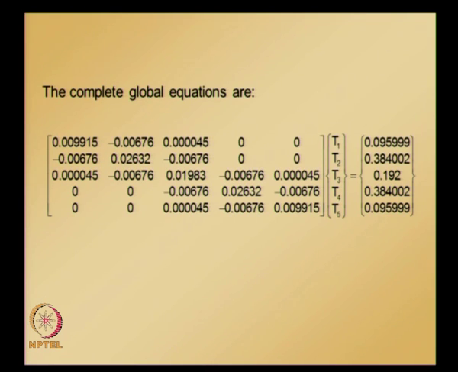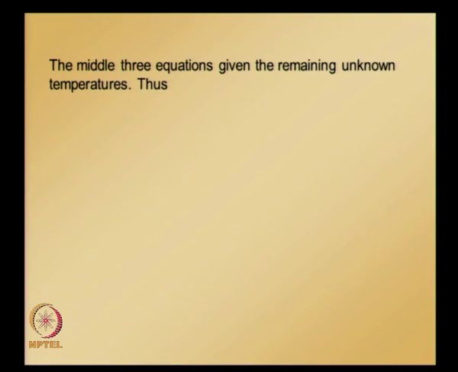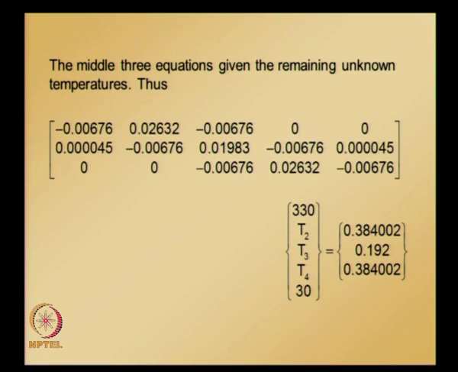So, substituting essential boundary conditions and deleting or eliminating first and last equation, we get this. Middle three equations give the remaining unknown temperatures. So, we get this equation system.